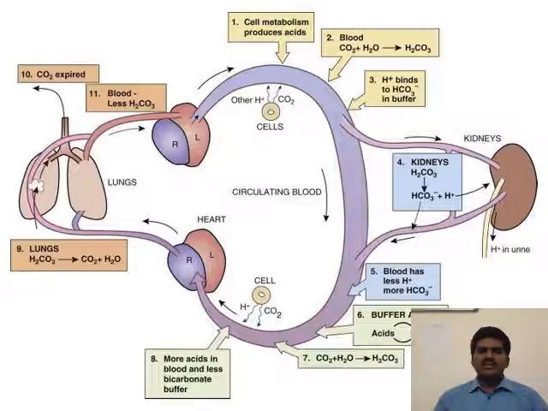Acids and bases will come into equilibrium. Again, CO2 and water combine to form carbonic acid at the tissue level. The more acids in the blood, the less bicarbonate buffer. Once it reaches the lungs, again the carbonic acid is cleaved into carbon dioxide and water. This carbon dioxide is volatile and is eliminated through the expired air by the alveolar capillary membrane.